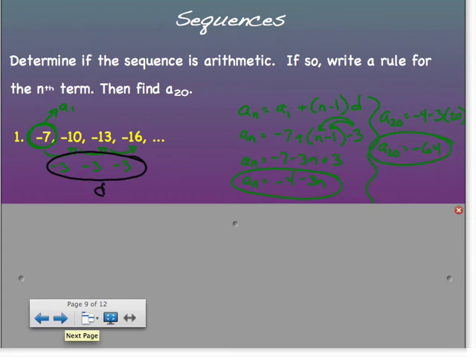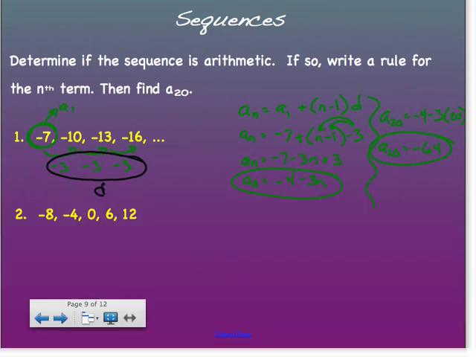Do you really want to take the sequence and write out the first 20 terms, or the first 100 terms, whatever you're trying to find? No, I want to come up with a pattern. I want to come up with a rule so I can quickly jump right to it. So in this case, I don't want to write out the first 20 terms to get the -64. Instead, I want to look at the first 4 terms, create a rule, and once I have a rule, I can plug in whatever term I want.